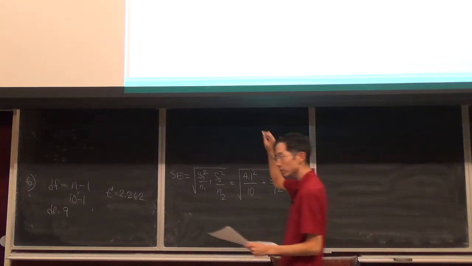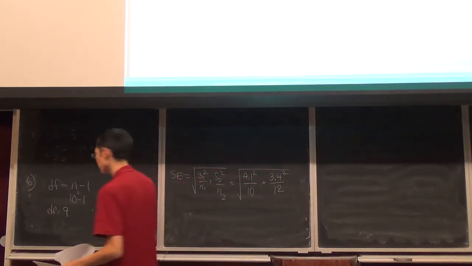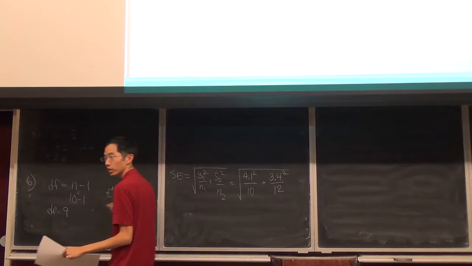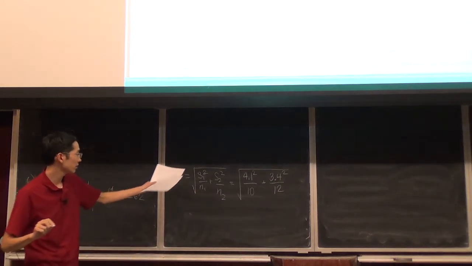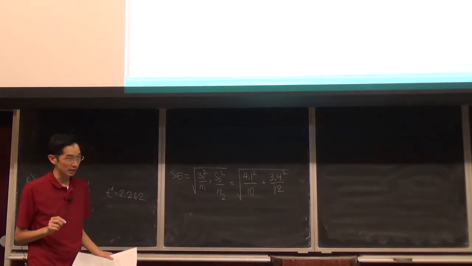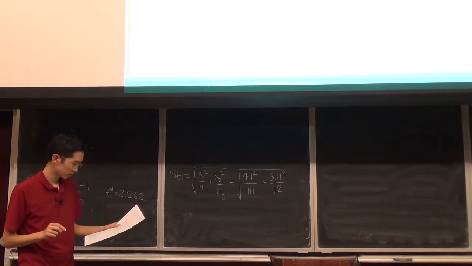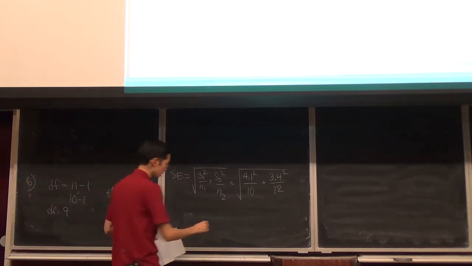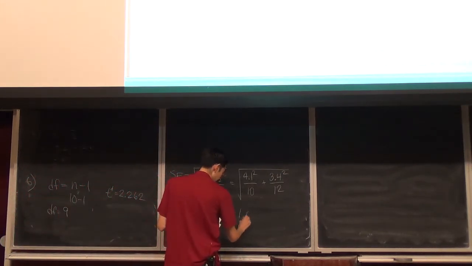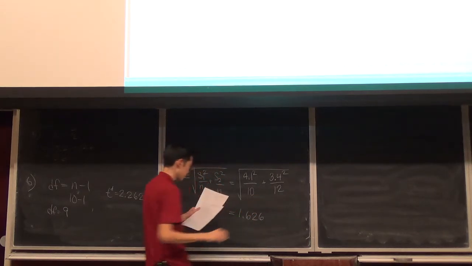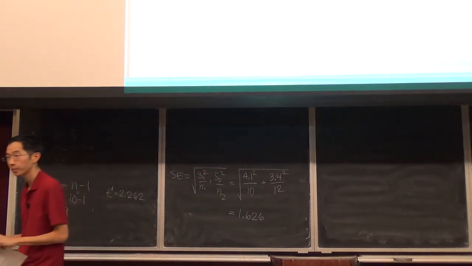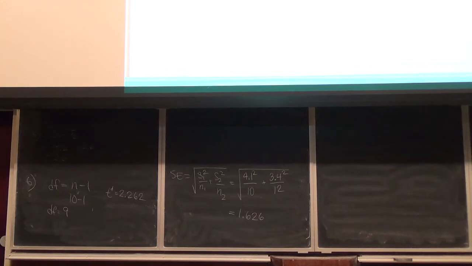So once you know that you're dealing with two samples and means, you should know, or have figured out, that your standard error is that. And then you can go and calculate it out, and you get 1.626 as your standard error. Am I losing anyone as I go along?